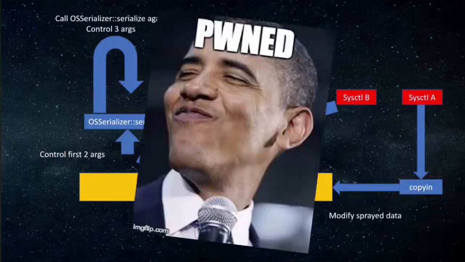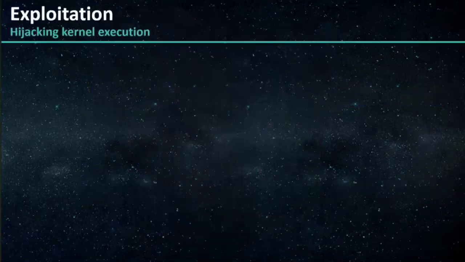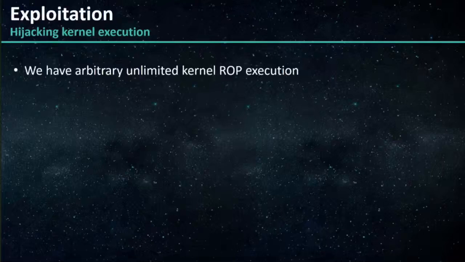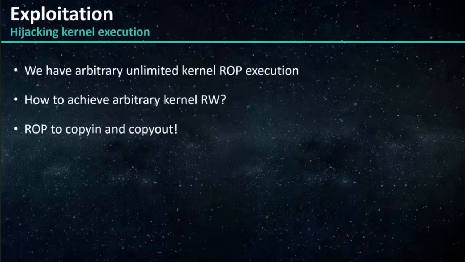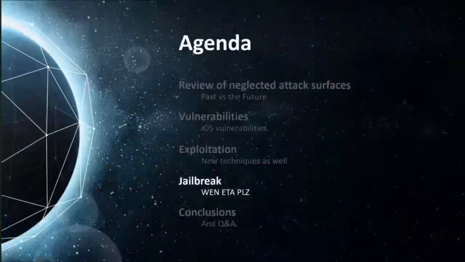This way, we can achieve kernel read-write and kernel function call deterministically. So we have kernel ROP. So how are we going to achieve kernel read-write? Because we can call any kernel address, we can also call copyin and copyout, which means we have arbitrary kernel read-write from the user deterministically. And that's it. That's the capabilities we were looking for, and we successfully achieved them.